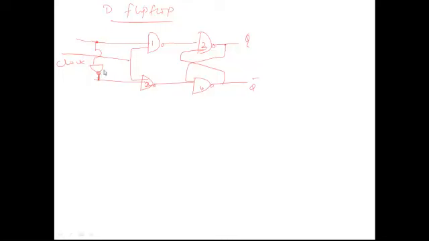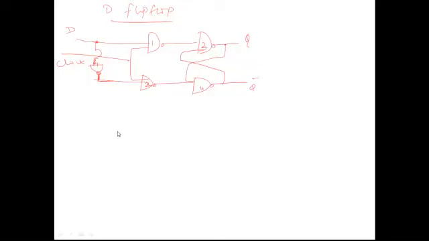So the S input you give directly, and the R input is the complement of the S input. Therefore, you always ensure that whenever S is 1, R is 0, and whenever S is 0, R is 1. This you tie together using a NOT gate, a single-input NAND gate which will act as a NOT gate. This circuit you call a D flip-flop.